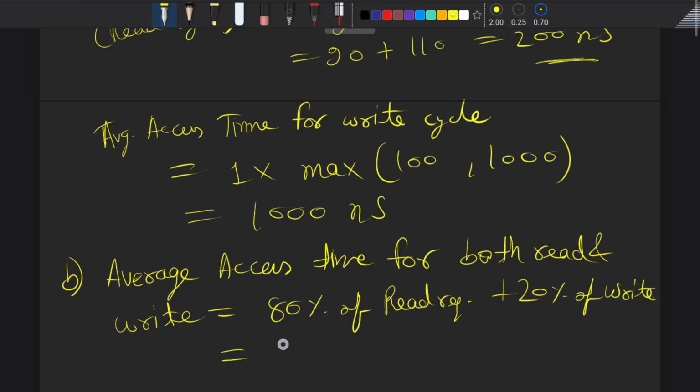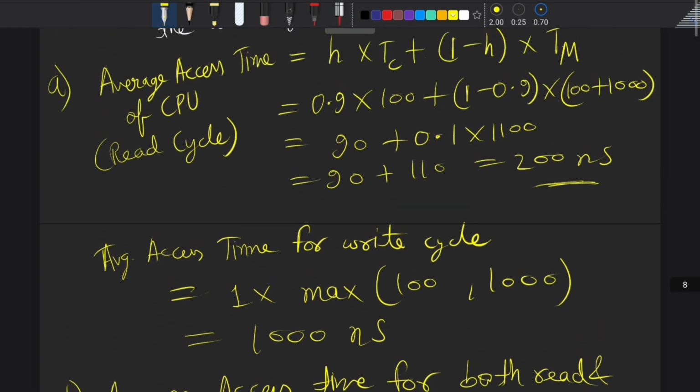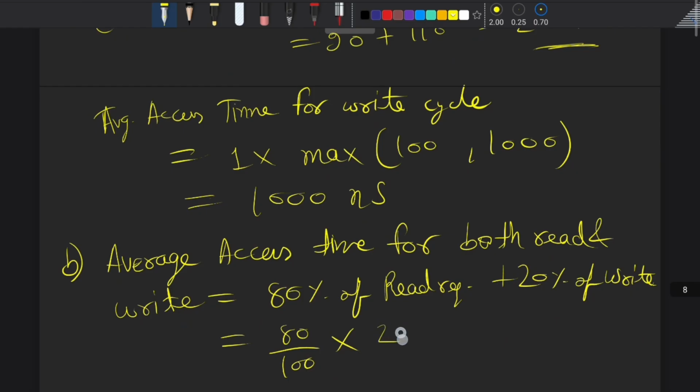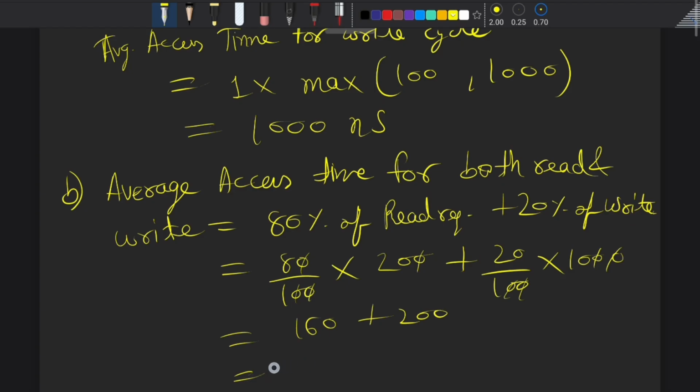So it would be 80 by 100 into, of course, the average access time of read request, that is 200 nanosecond, plus 20 by 100 into the average access time of write request, that is 1000 nanosecond, which will give us 160 and 200, which is 360 nanosecond.